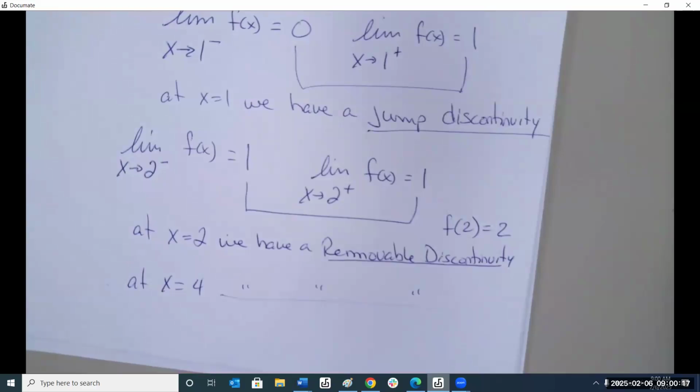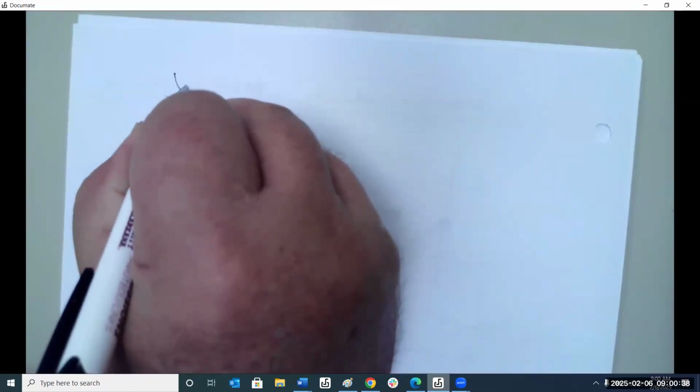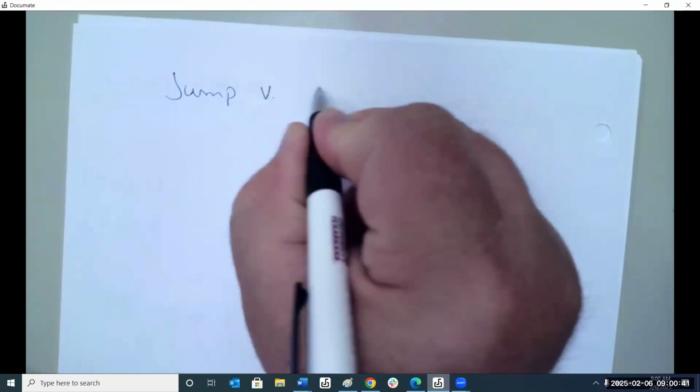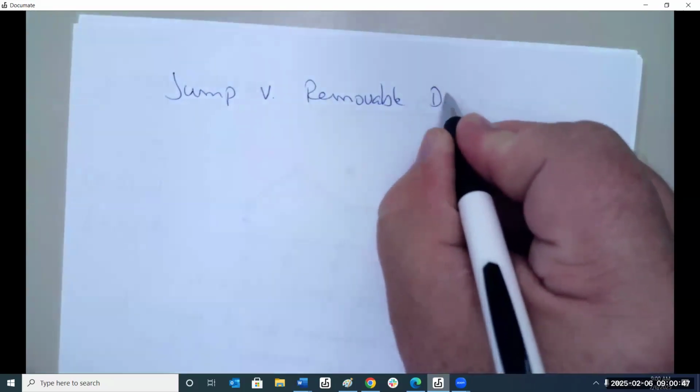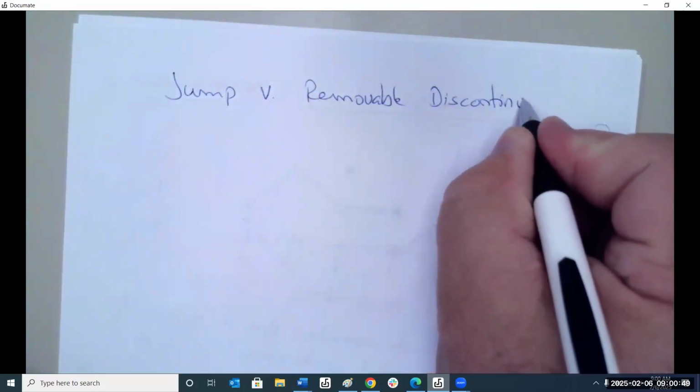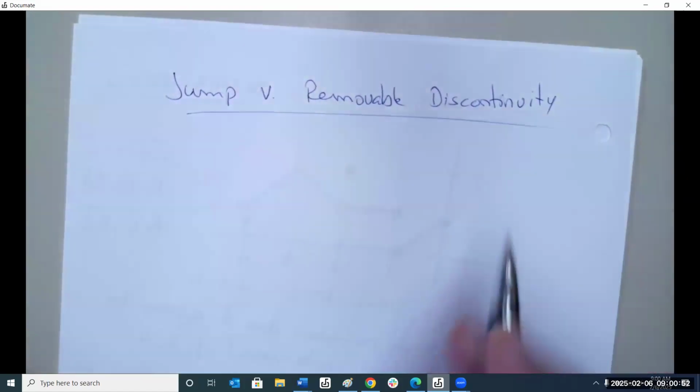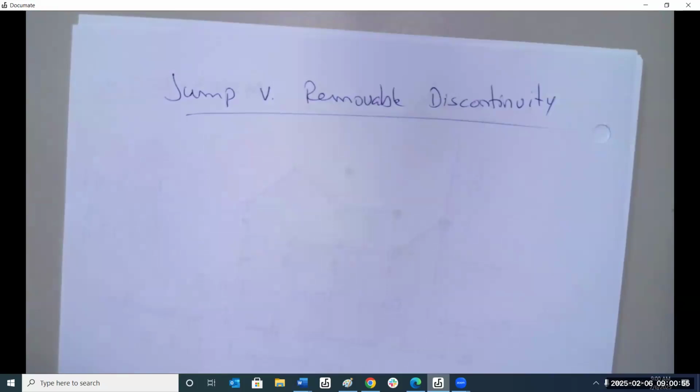Where are the examples? So whenever you look at a function, let's go back to algebra real quick. Jump versus removable discontinuity. What's the difference? How do we know the difference of the two?